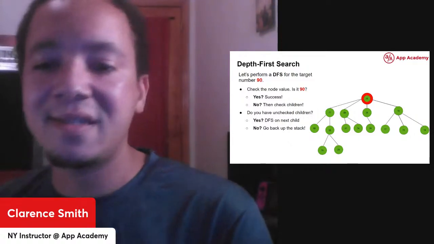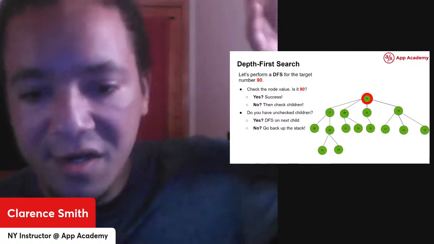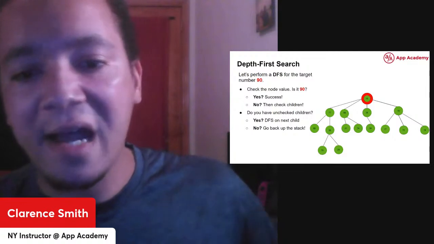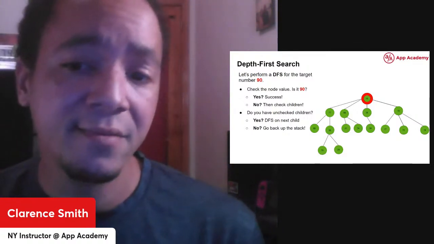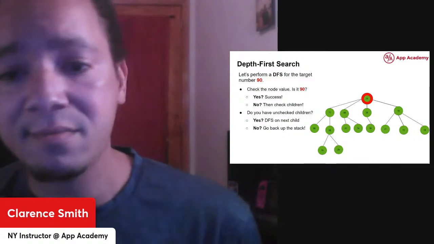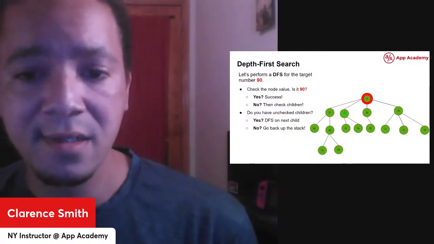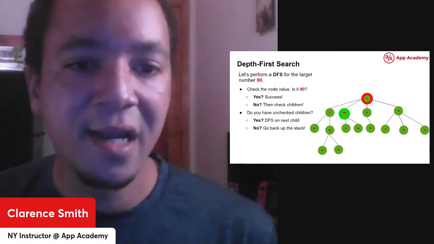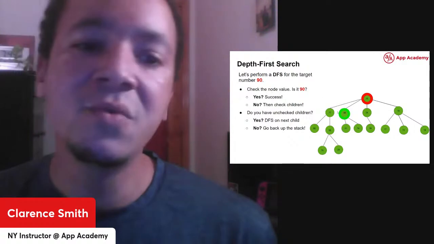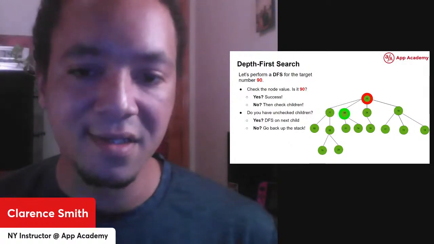It is removed from the stack. We have gone as far as we can for the child 77. We're back at the number 10. The number 10 has more children. It's going to check its next child. And it just so happens on line number 1, check the node value. Is it 90? We have finally reached success.